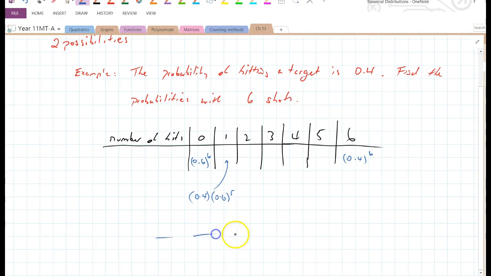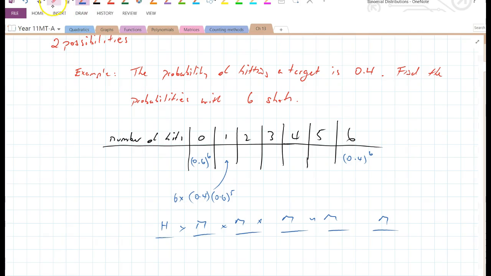Because if you think of these, 1, 2, 3, 4, 5, 6, then what we're doing is a hit and then a whole bunch of misses. This is 0.4 probability and these are 0.6 probabilities, and we multiply the probabilities together, don't we? But that hit could occur anywhere along there, couldn't it? So it's 6 times that.